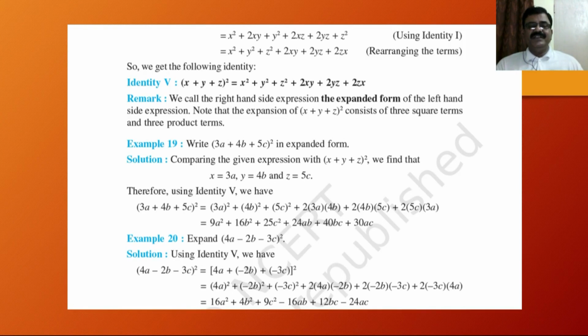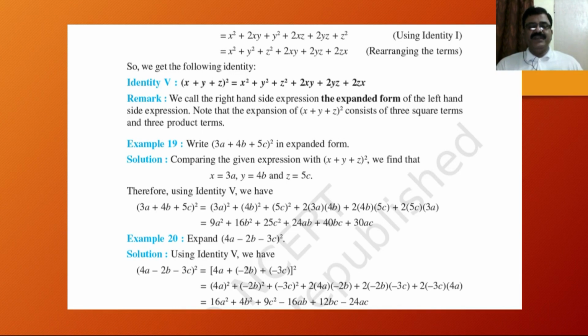Now take another example. Expand 4a minus 2b minus 3c the whole square. Using identity 5, we have 4a minus 2b minus 3c the whole square is equal to (4a plus minus 2b plus minus 3c) the whole square.